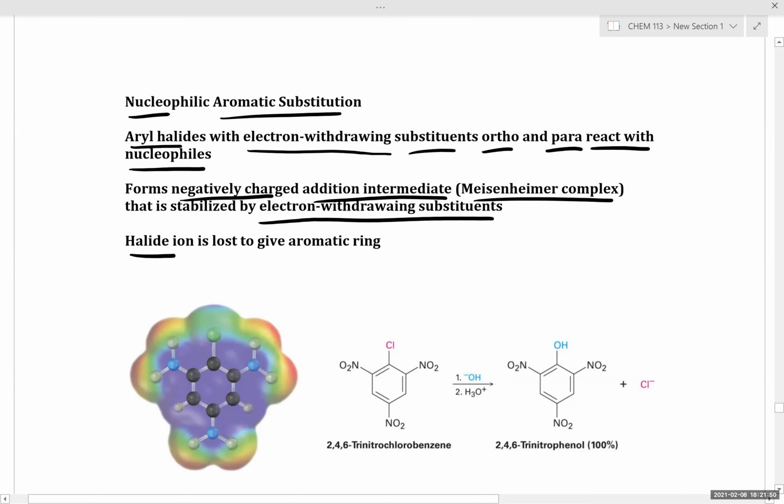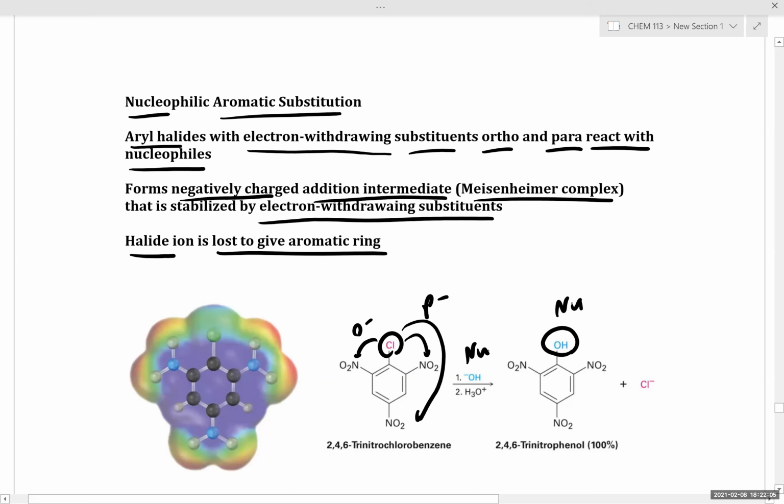Your halide ion, which is ortho or para to your electron withdrawing groups, is lost. And we in turn generate an aromatic ring with our nucleophile installed. So the net process for nucleophilic aromatic substitution is we have replaced our leaving group with a nucleophile.